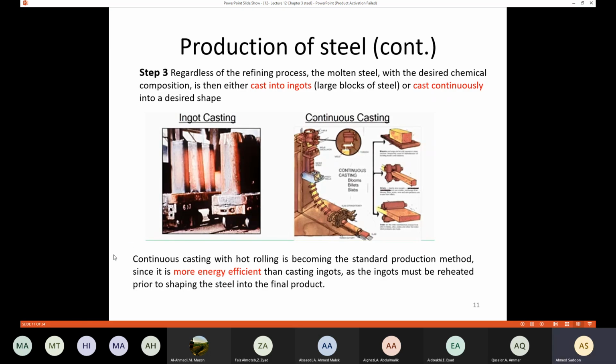Why do we do that? Because it's more energy efficient than cast ingots. Because, as you can see here with the ingots, in order to get my desired shape, I'm going to reheat the ingots again. So this one is going to consume more energy than continuous casting.